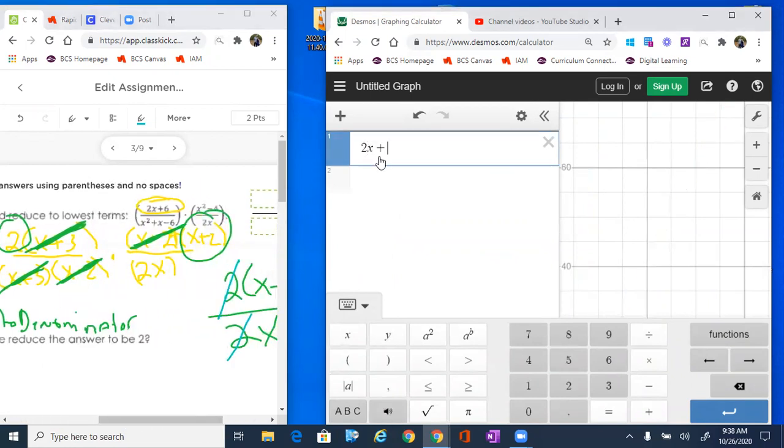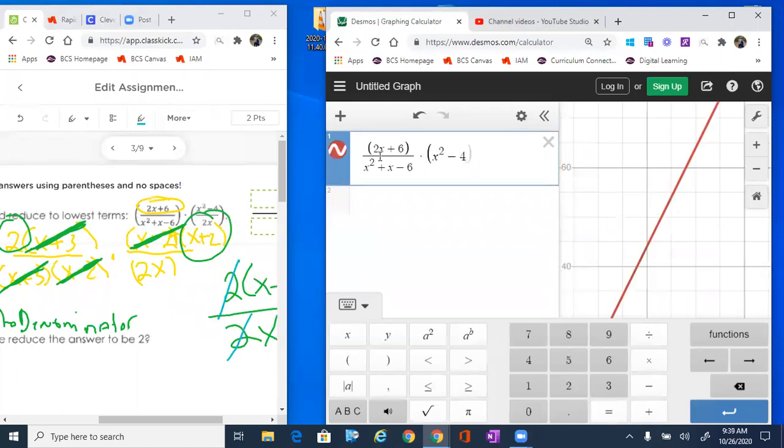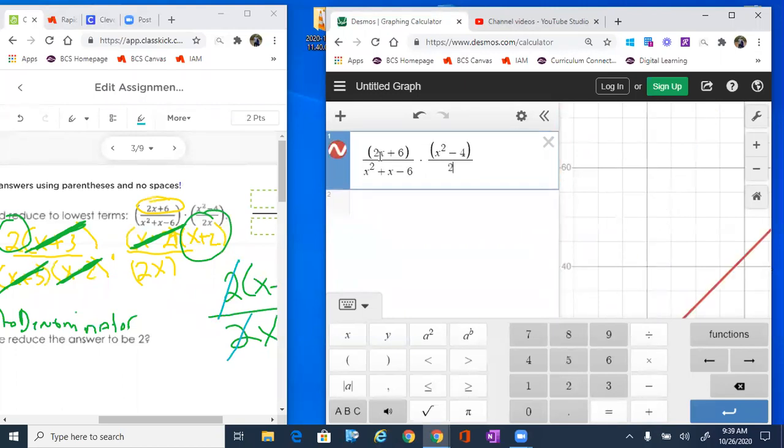So (2x + 6), close parentheses, divided by, and make sure everything is in its place. It will give you a wrong answer if you do not type it in exactly the same way. I put the multiplication sign, and then I'm going to type x squared - 4 divided by 2x. Now that looks exactly the same as it does in the Classkick.